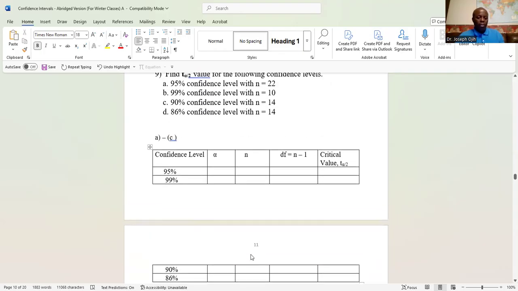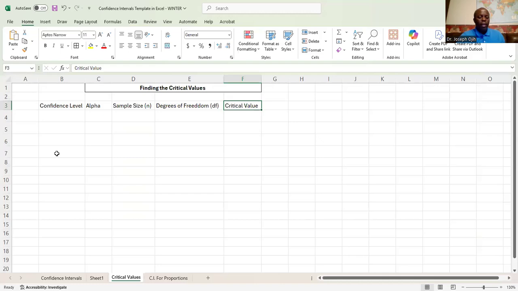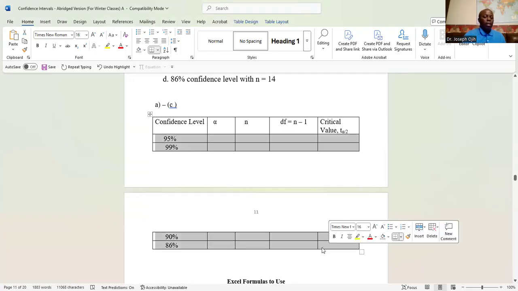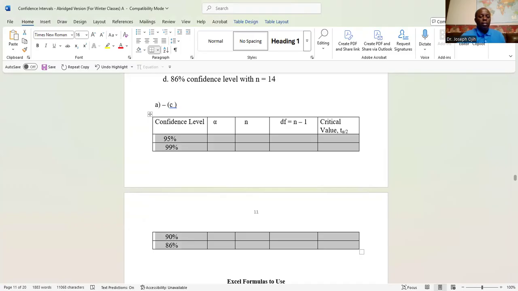So I'm going to put it in Excel. The critical value for this one, for this we have 99%, and the rest, I'm just going to copy from here and place them in Excel for you, and we can get the critical value.